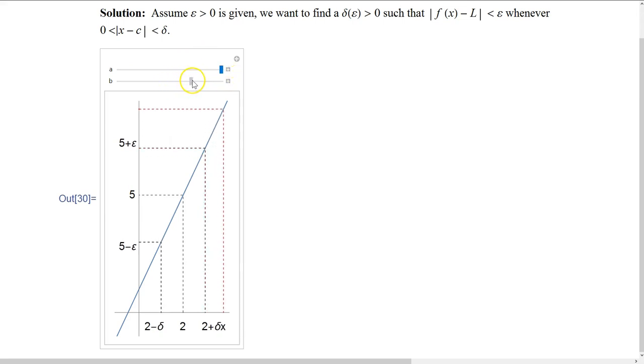Well, it's because the slope of this line is 2. Notice that if we form a little triangle here, right here, this distance right here is epsilon. The slope of this line equals 2.